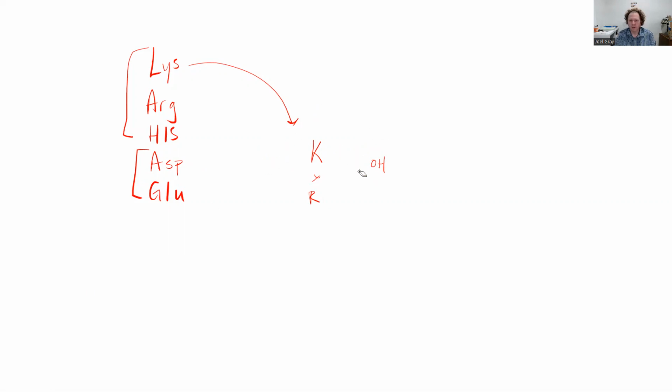Now, for each of those mapped out groups, I'm going to write the pKa's associated with them. The N-terminus for lysine has a pKa of about 8.95. The R group for lysine has a pKa of about 10.53.